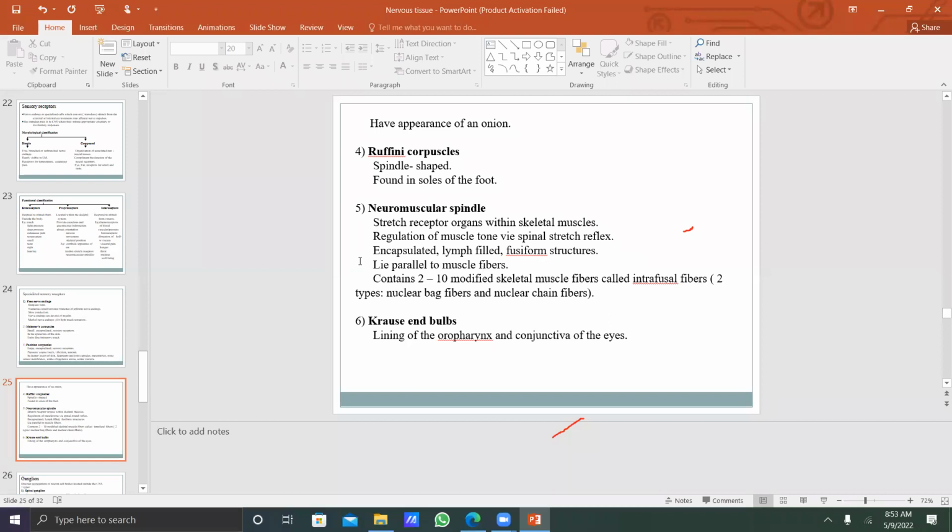Usually, the neuromuscular spindles lie parallel to the muscle fibers. They have 2 to 10 modified skeletal muscle fibers called intrafusal fibers. Okay. Another specialized sensory receptor is the end bulbs, found in the lining of the oropharynx and the conjunctiva of the eyes.